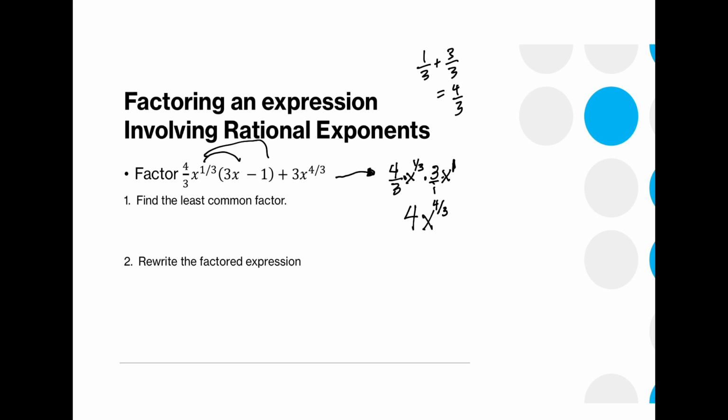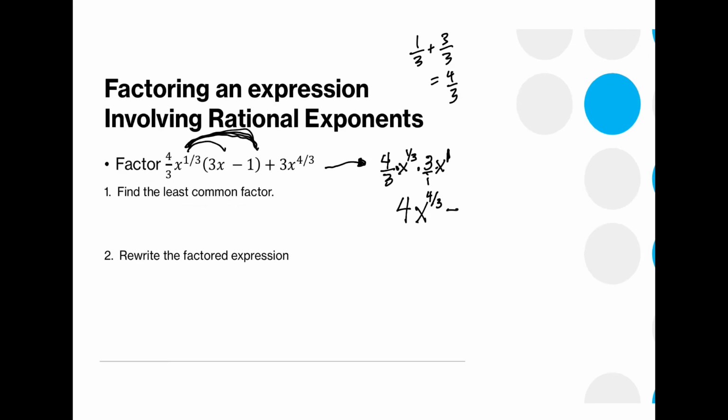Okay, so I distribute it to the first thing, and then we have to take 4/3 x to the 1/3 and multiply it by 1, so that's just going to be minus itself, 4/3 x to the 1/3. And then outside we had this, so 3x to the 4/3.